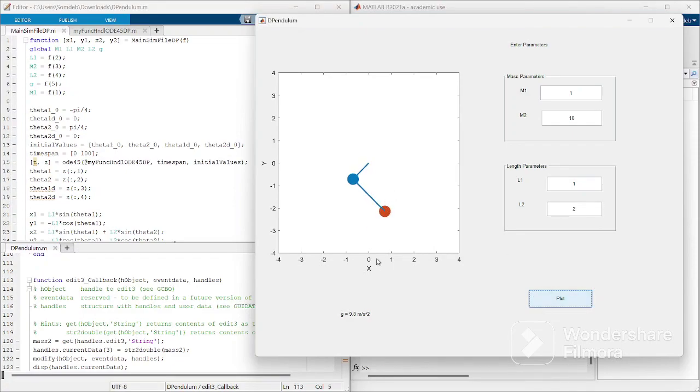See, as I have increased it, it's very interesting to see this. And G is 9.8 meters per second squared, which I have declared. So thank you guys for watching. Thanks.